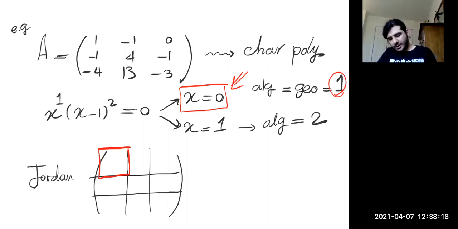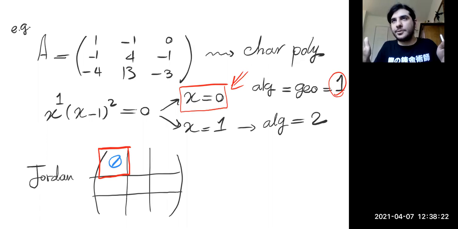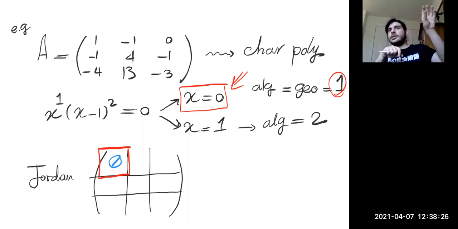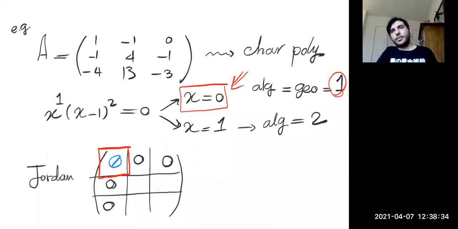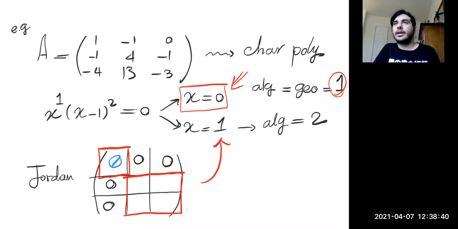So I should just write down 0 there. So whenever we have these simple eigenvalues, the eigenvalues whose multiplicity is 1, we just put them in the diagonal, and that would be it. And then the other numbers in that row and column are 0. Now the remaining part is related to this other eigenvalue.